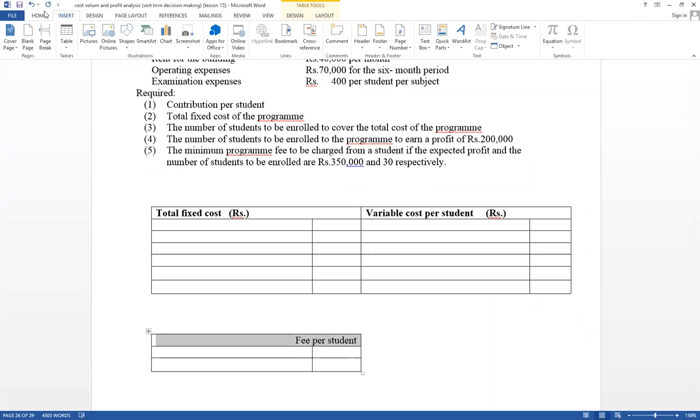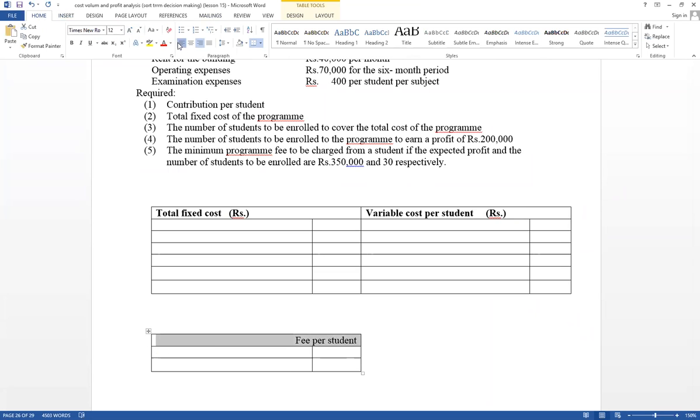That is the selling price per unit. Normally you have to calculate three types of information: total fixed cost, variable cost per unit, here unit equals students, as well as selling price per unit. Selling price is equal to fee per student.